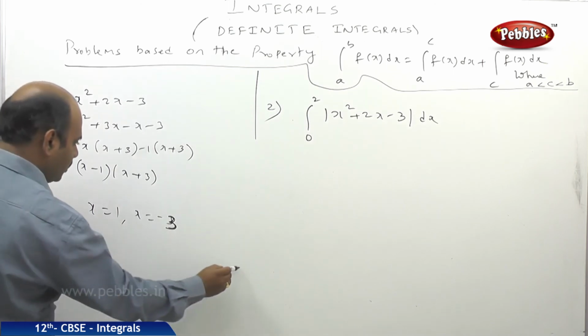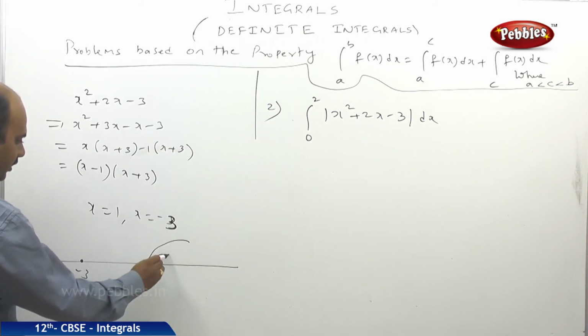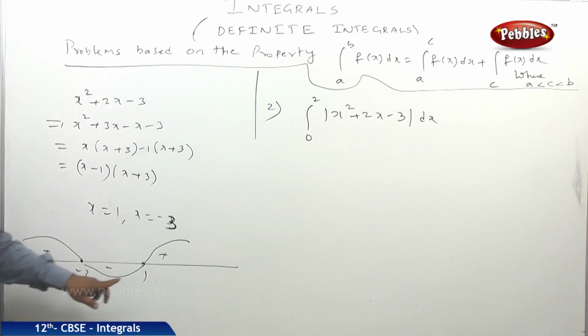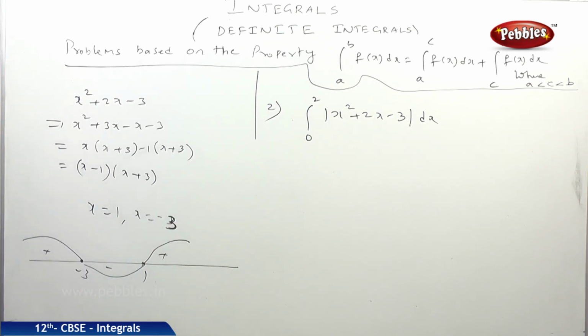What happens if I go by the sign method or curve method? Here comes minus 3 and here comes 1. Here it is positive, in between it becomes negative, and here it becomes positive. That means from minus infinity to minus 3 we get positive, from minus 3 to 1 we get negative, and from 1 to infinity we get positive.